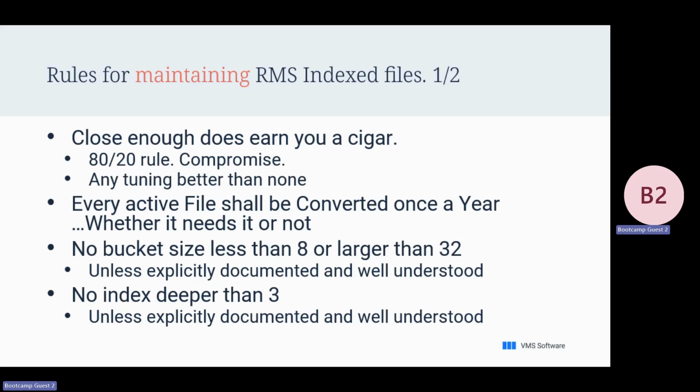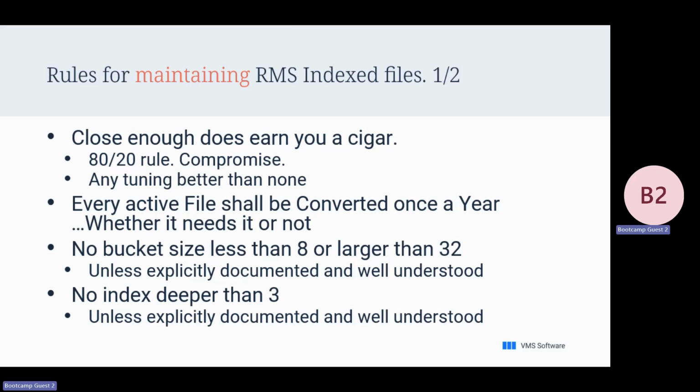One of my simple rules is every active file shall be converted once a year, whether it needs it or not, because you don't know whether it's going to help. But if a file hasn't been converted in a year, it's about time you did it, because you want to make sure that all the records are readable, for example, right? And maybe it actually speeds up your processing. Who knows? The bigger angle is performance for the talk, but also resilience, and make sure the data is there and can be seen.